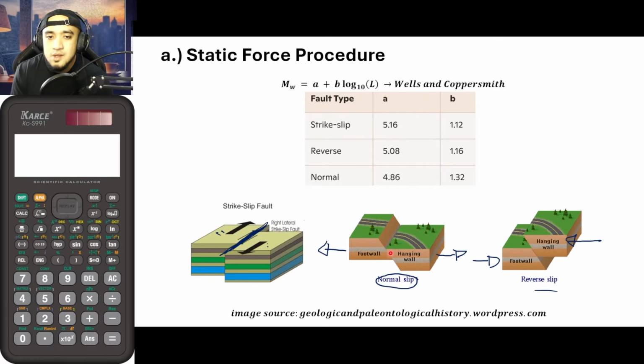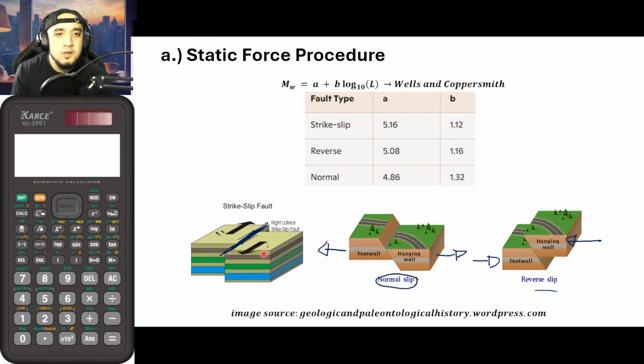Okay? So that is the difference between normal slip and reverse slip. Once again, for normal slip, this is rather tension. If you would be stretching it, the hanging wall would slide down the footwall. But if it is reverse slip, the hanging wall would have a tendency that it wants to go on top of the footwall.